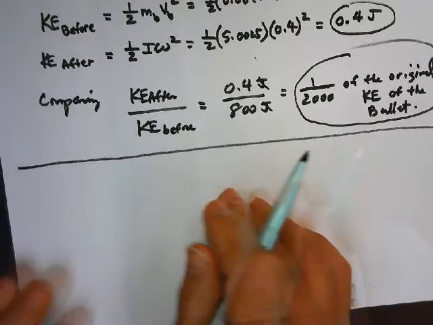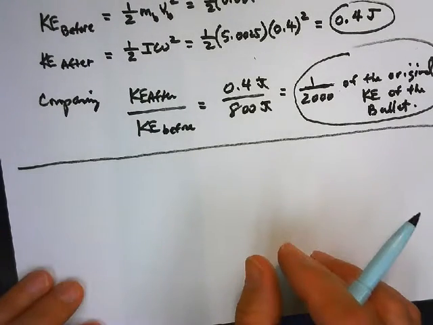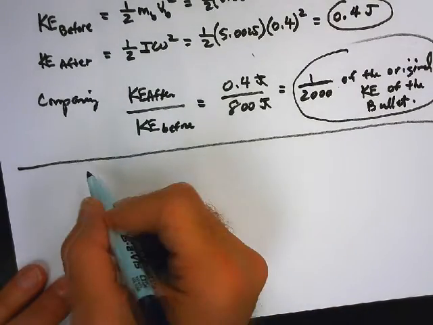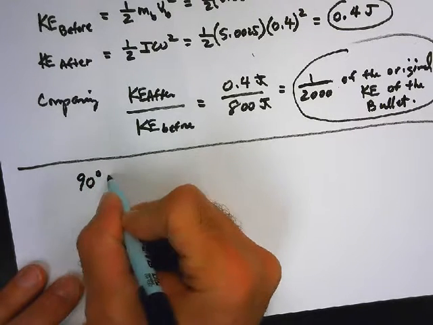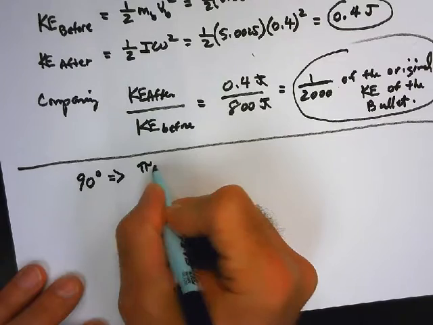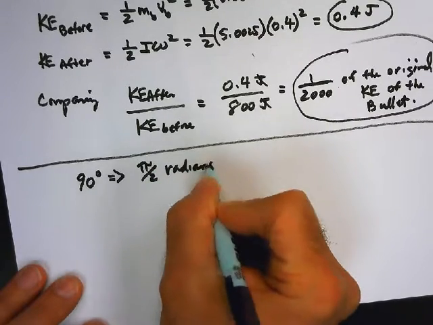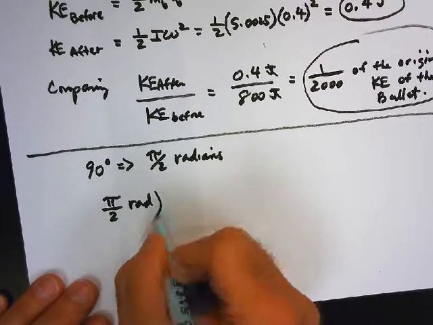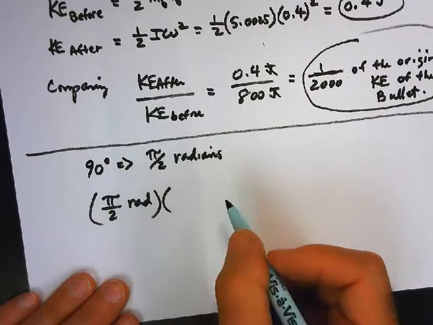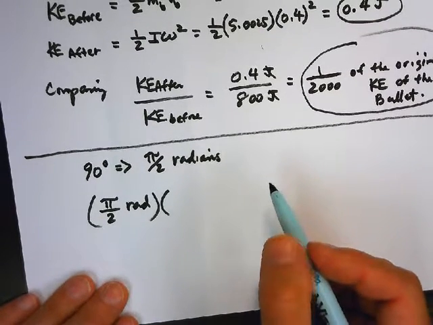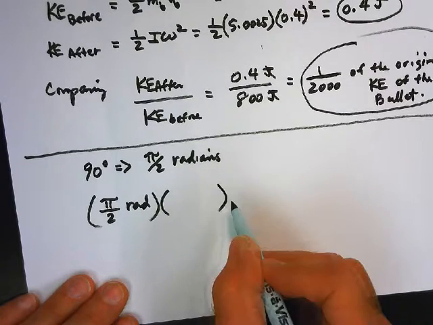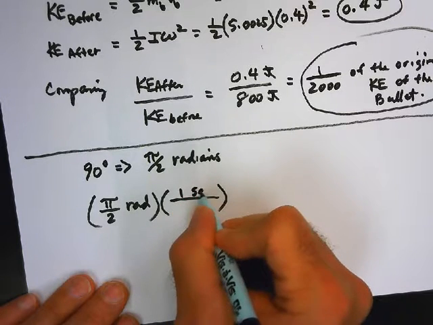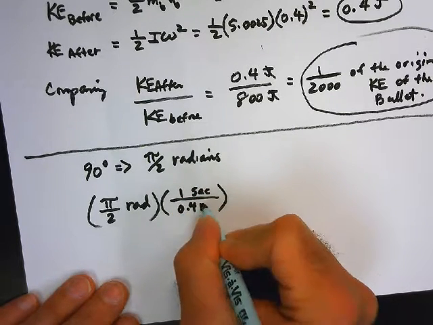The last part of the question was, how much time is it going to take for that door to swing open to 90 degrees? Remember that 90 degrees is the same thing as pi over 2 radians. So we take our pi over 2 radians and multiply it by 1 second for every 0.4 radians.